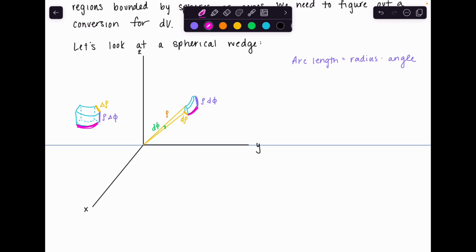Now this one is that horizontal component. So the radius in this case is dealing with what's happening in the xy plane. That's r. And this angle is the one that's coming from going left to right in the xy plane. So this is actually going to be theta. So this side will end up being r d theta.